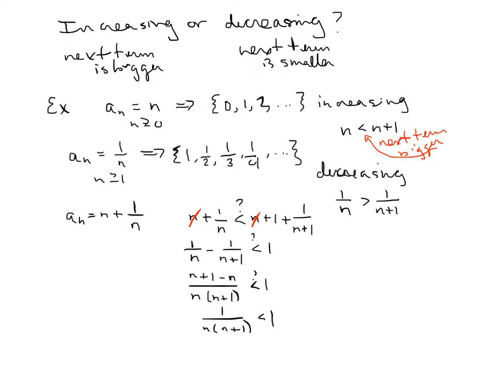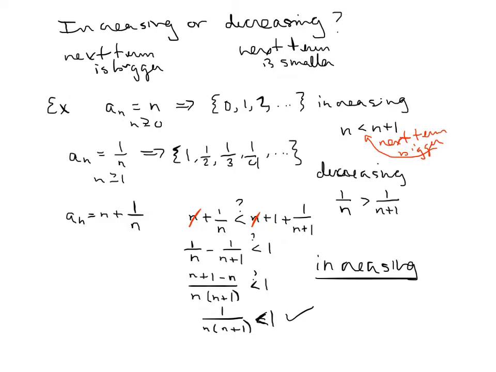At this point, there is something bigger in the denominator than 1, and so that whole thing has to be smaller. So I can check that the inequality is actually true, and what I assumed to begin with was true. So this one is increasing.